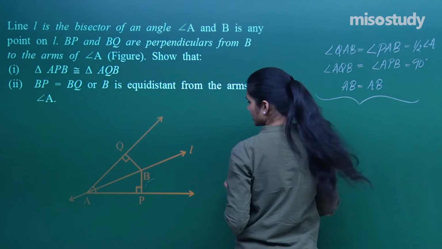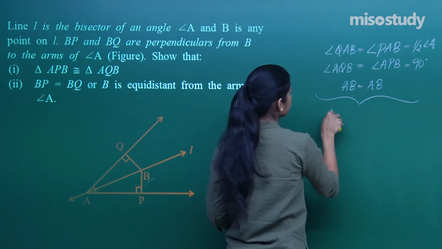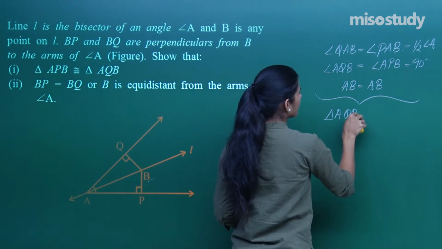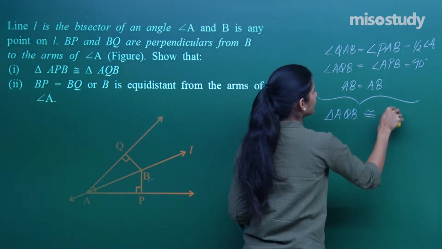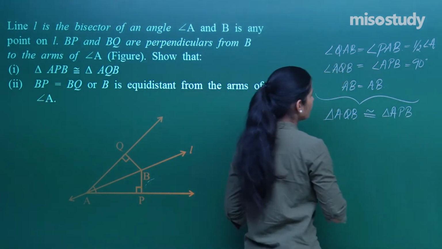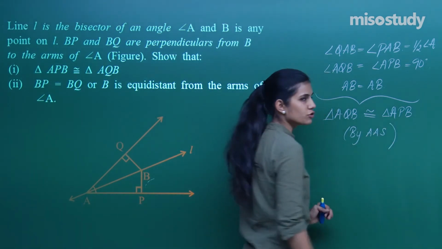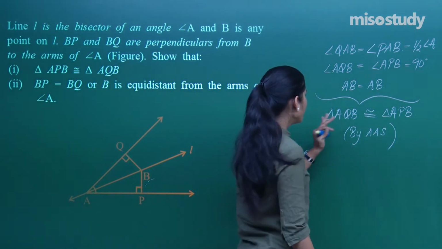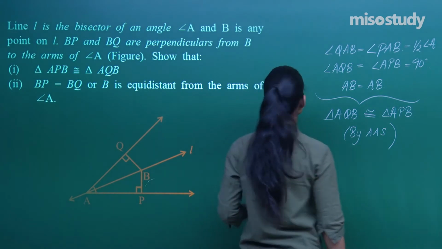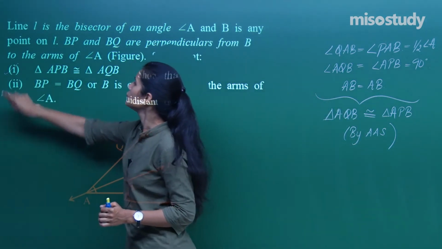So I can say that triangle AQB is congruent to triangle APB, right, by AAS congruence rule. The moment you have AQB congruent to APB, you have this first part proved.